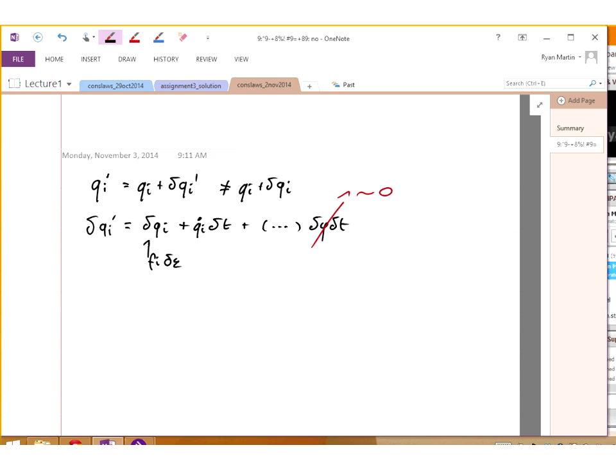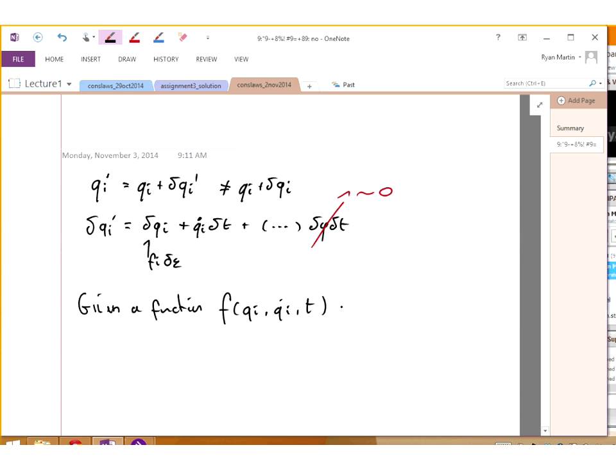So before proceeding, we're going to consider an identity. Okay. So given a very general function f that depends on the Qi, the Qi dots, and t. Of course, when I say it depends on Qi, I mean it depends on Q1, Q2, Q3, up to Qn, and the Qi dots, Q1 dot all the way to Qn dot.